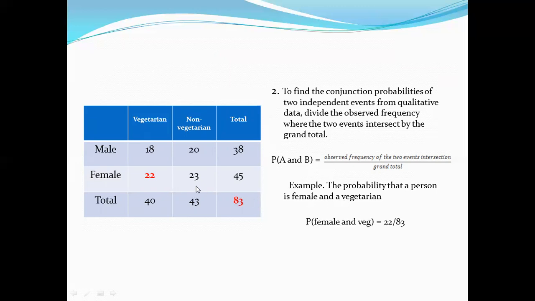Here, we just get the intersection of female and, at the same time, vegetarian. That's 22 over the grand total. It's that easy. You get the intersection over the grand total. So that's the second case. If we swap them, so instead of female and vegetarian we say vegetarian and female, the answer will be the same.